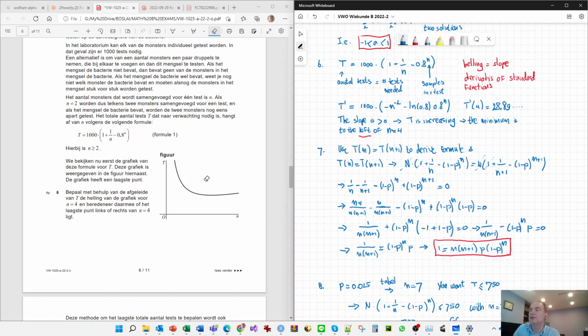And now they ask use the derivative of t, which gives you a slope, and reason whether or not this lowest extreme somewhere here is to the left or the right of n equals to 4.